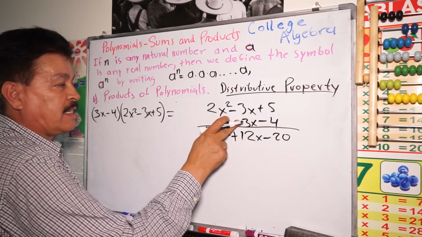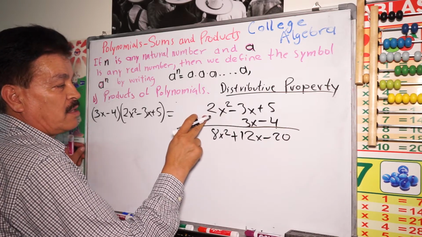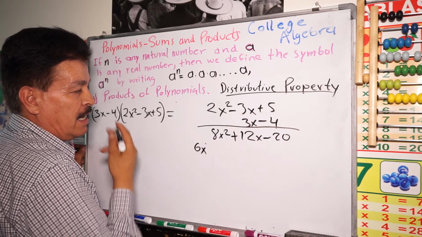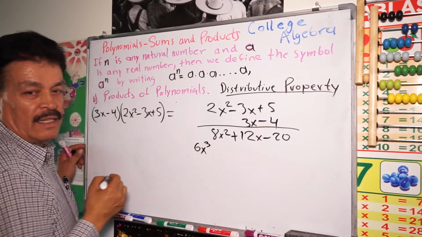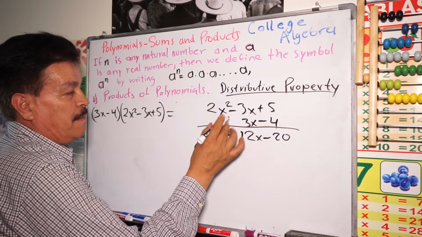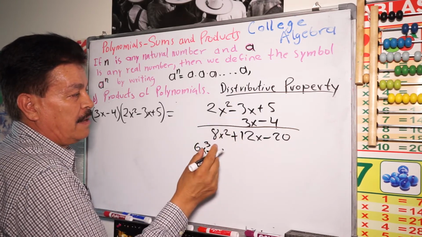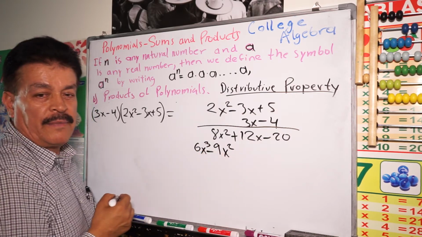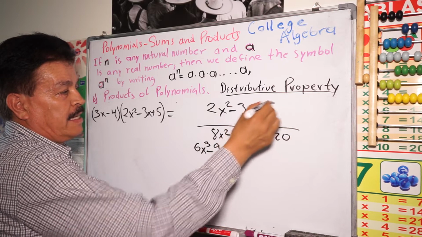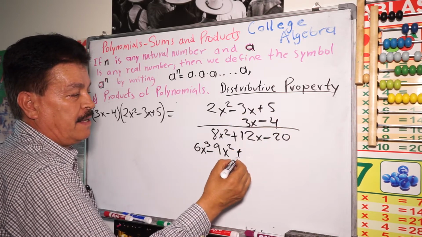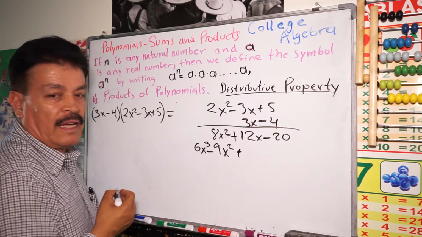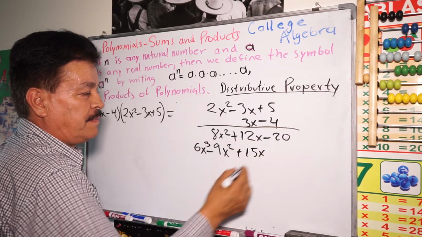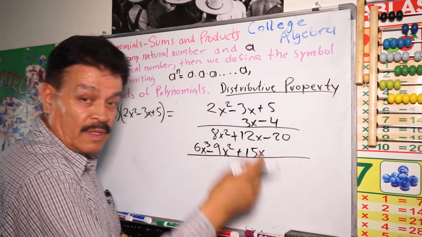Now 3x times 2 is 6x to the third power. And then minus 3 times 3 is 9x to the second power. Plus 3 times 5 is 15x. Just now add.